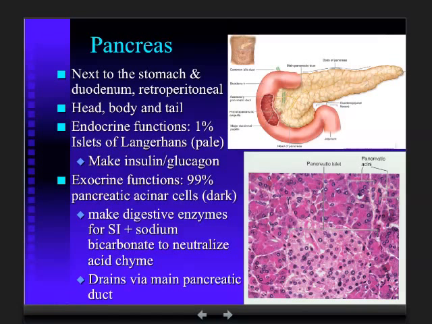So as stomach contents go through the pyloric sphincter, they are acidic, coming into the duodenum, and right there waiting in the duodenum is bicarbonate to neutralize the acid, to bring the pH up to pH 8, so that the other components of the pancreatic secretions, namely various enzymes, are able to be active.